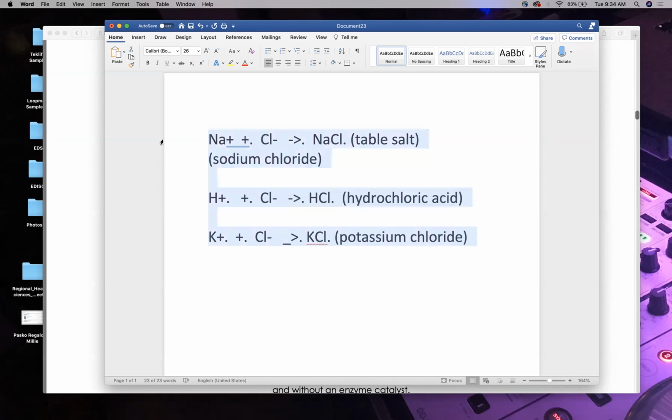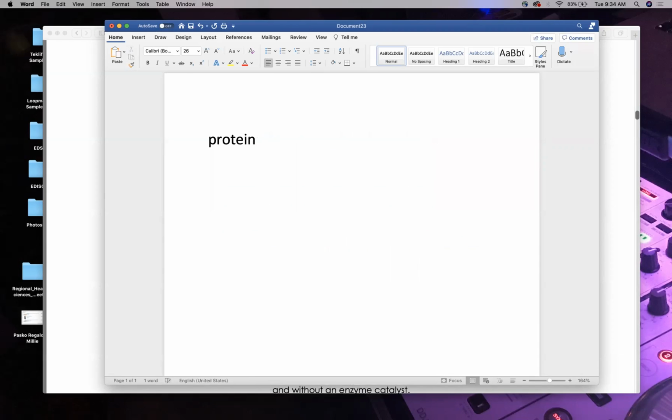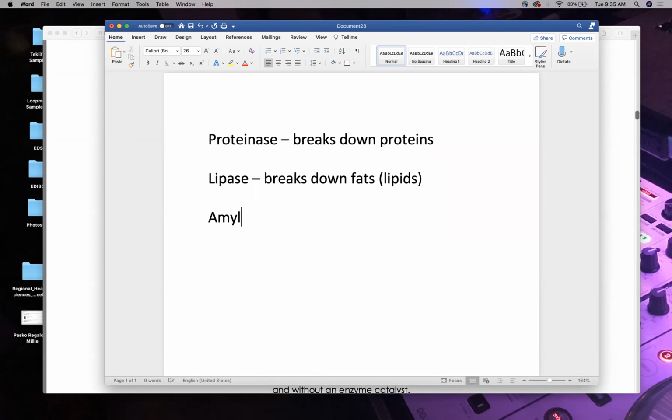Let me do the easy ones first. Proteinase breaks down proteins. Lipase breaks down fats, also known as lipids. And amylase breaks down carbohydrates.